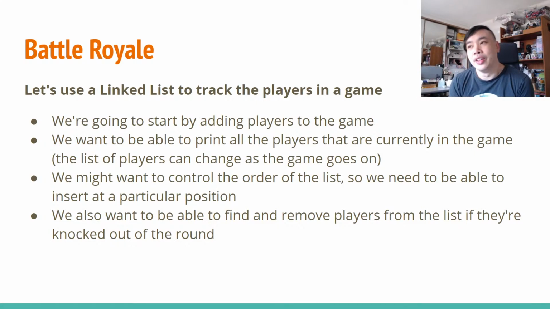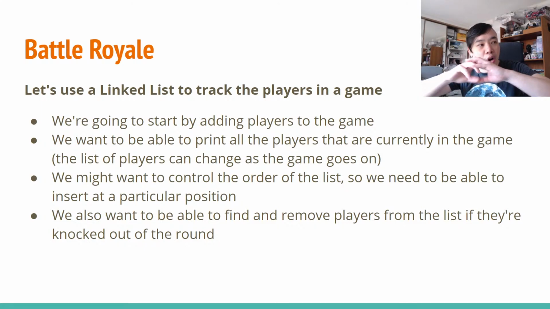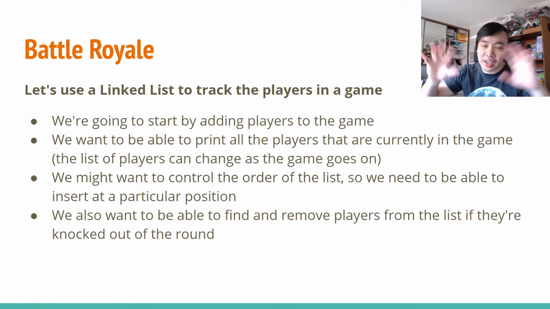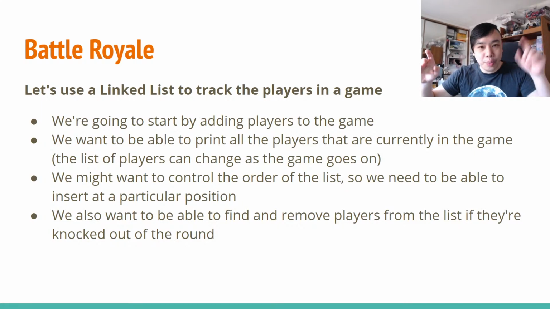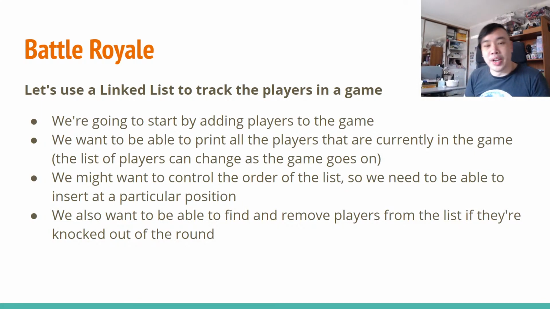These games are super famous at the moment, because what they do is they have a whole lot of players at once, usually 100 players, and then all the players get knocked out until only one person remains. So out of 100 people, only one person wins at the end. And so we're going to use a linked list to be an assistant for a game like this, because a linked list works really well for, for example, removing one element at a time and still being able to maintain the list. So I thought this was a decent example for doing this.